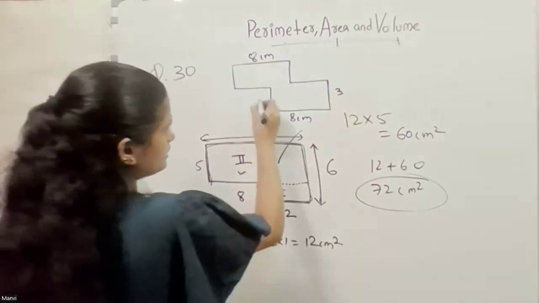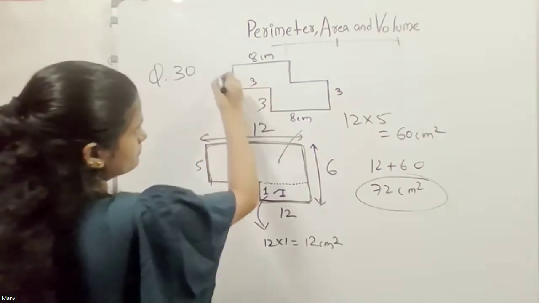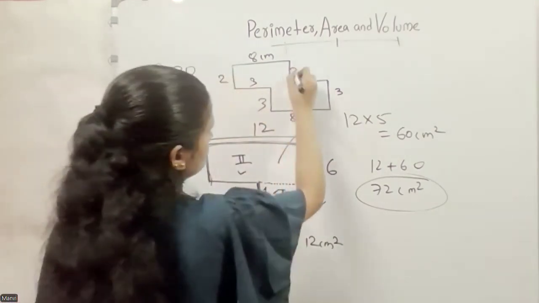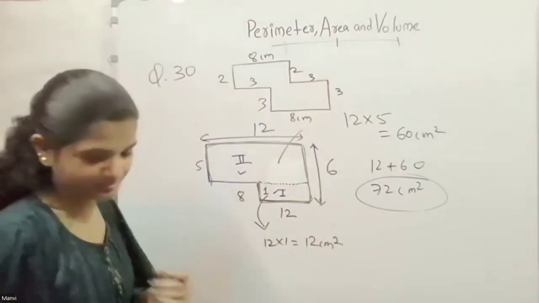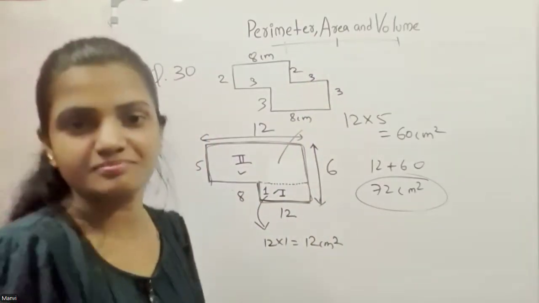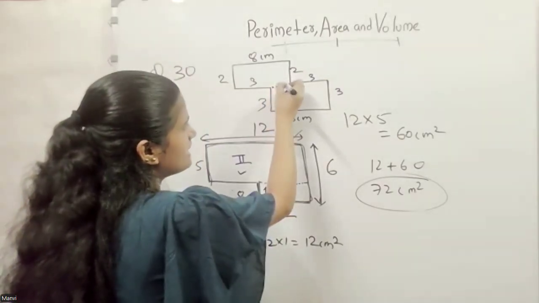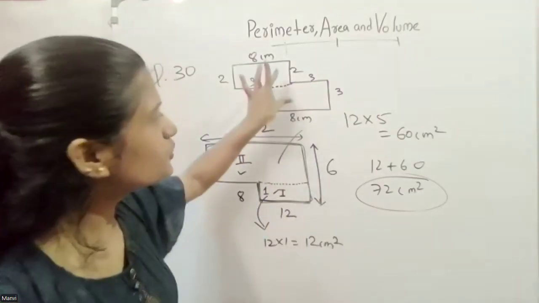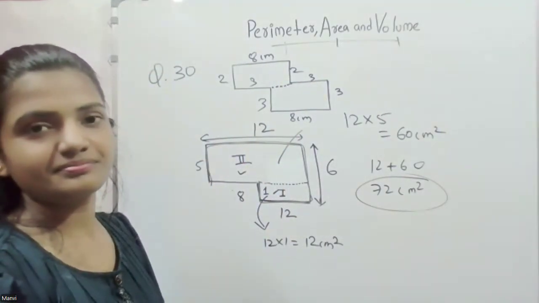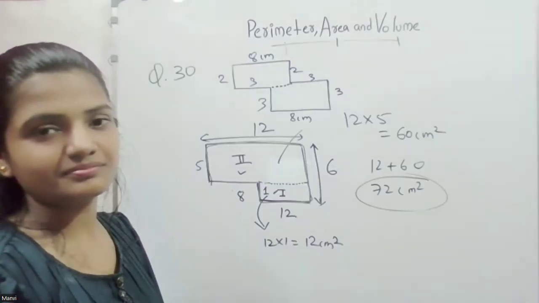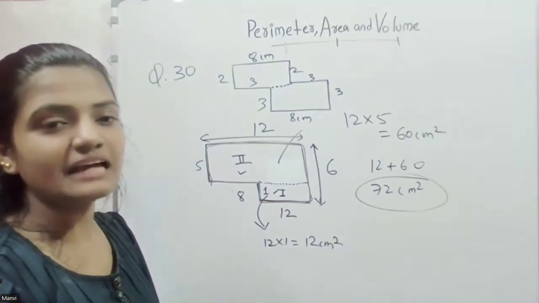Okay, please work it out then. Very easy question actually. All sides are given. What you need to do is just join this line. And now we have two rectangles. And area of rectangle is length times width.